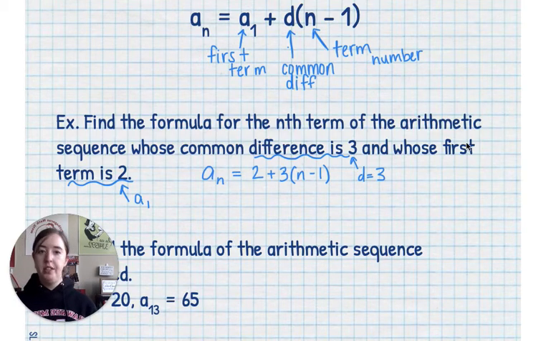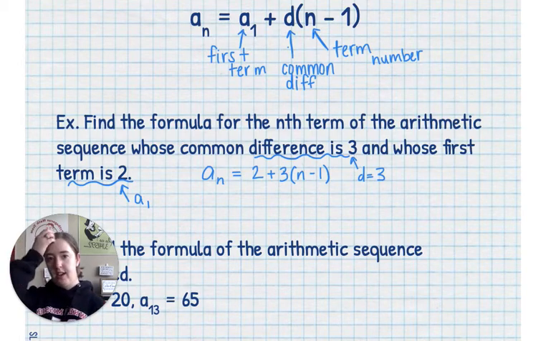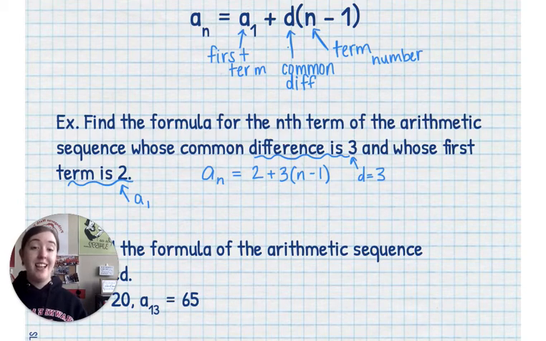Now, you can absolutely leave it like this, especially if you're on an IB exam and it says just find the formula and move on with your life. However, sometimes you're going to have to use that formula for a lot of different stuff. You're going to have to plug in a whole bunch of values for n and then solve. So sometimes it is helpful to go ahead and simplify.